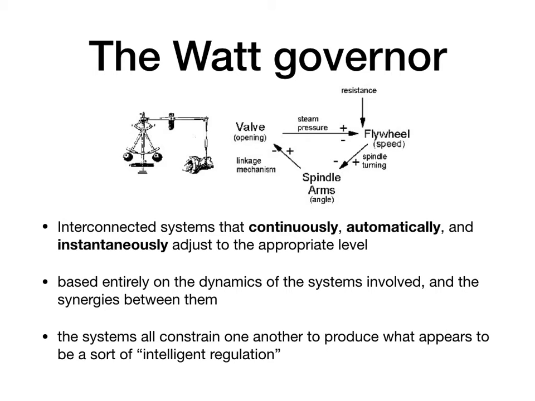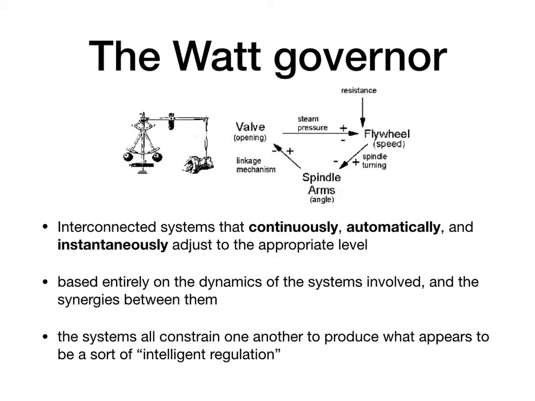The more pressure goes up on the flywheel, the tighter the valve gets because of the spindle arms. So now what you have is a valve that's just blasting steam, but it's getting self-limited because of the dynamics of the pressure affecting the flywheel and the spindle arms then choking the valve a bit.